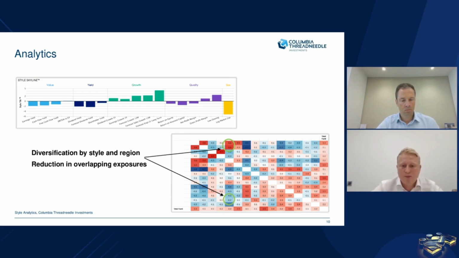We also use it as a portfolio construction tool. So if we upload all of the different investment trusts, equity trusts that we are reviewing, we can see how much overlapping exposure there is between different managers, different styles, different geographies. So in that bottom right-hand side there, where there's lots of reds and blues, this is a model portfolio, a dummy portfolio that we've put into the system. And what we're trying to do is make sure that the portfolio is very diversified.